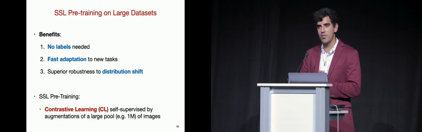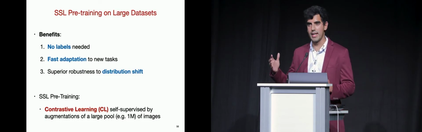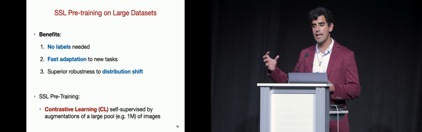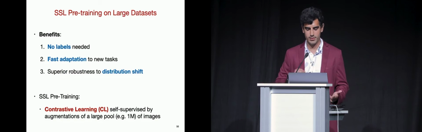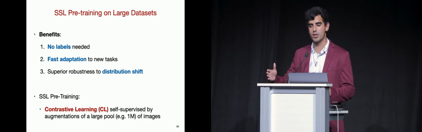So the benefits of pre-training are, of course, we don't need labels, right? That's the main benefit. But also, you can quickly adapt models that are pre-trained with self-supervised learning to new tasks. And also, you can get much better robustness to distribution shift.